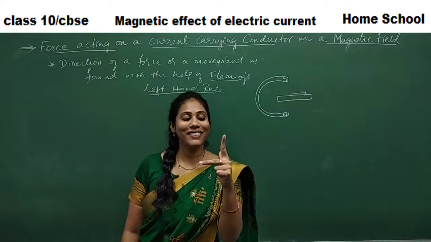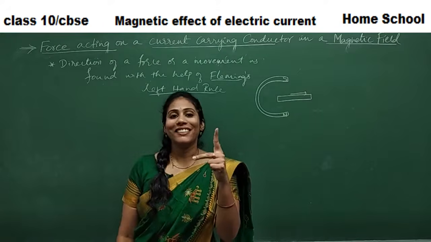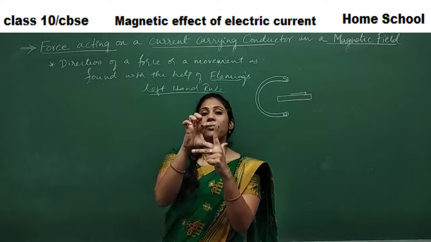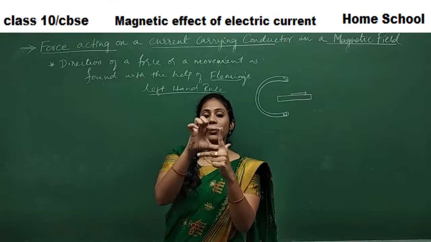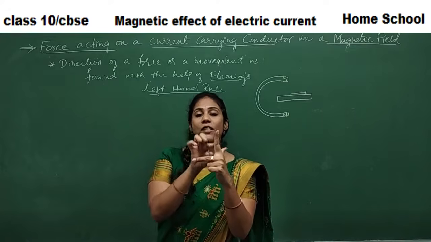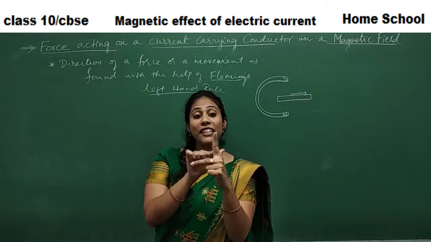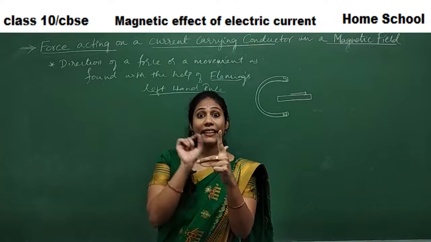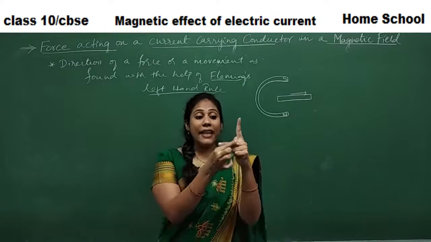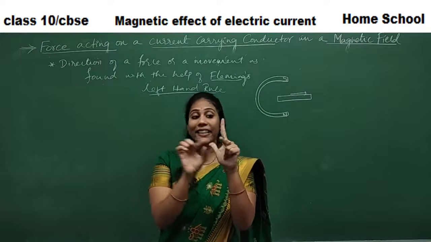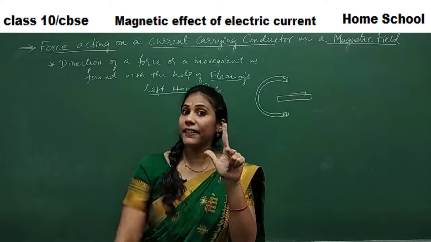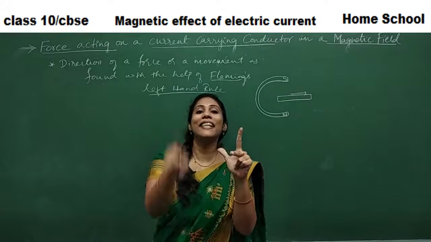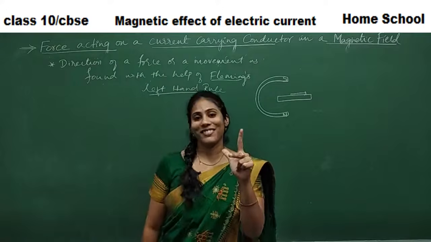And here, carefully think, observe here, the direction of an index finger is the direction of magnetic field. Direction of middle finger indicates the direction of current. Then the direction of thumb will tell you the direction of force.